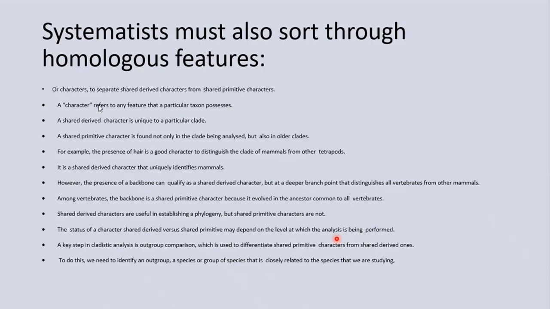The outgroup comparison is used to differentiate shared primitive characters from shared derived ones. It's just the level of differentiating between shared primitive and shared derived.